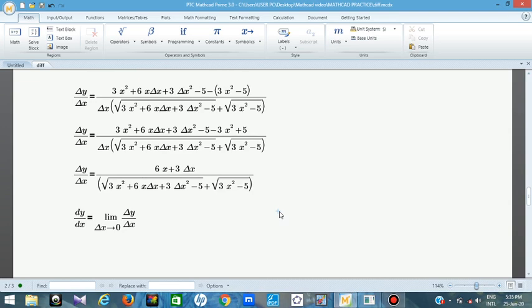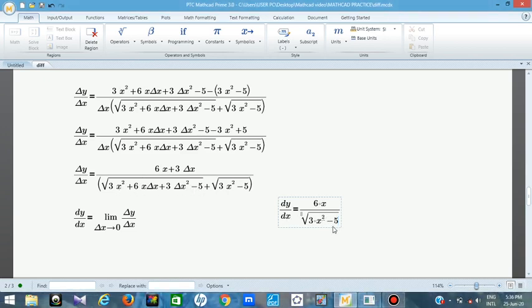So finally, we are going to have dy/dx is now going to be equal to 6x in the numerator, 6x divided by square root 3x squared minus 5, then plus, you can see this 2 will now turn to 0, leaving 3x squared minus 5.